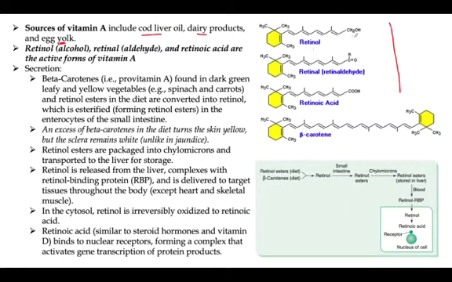There is a form which has a terminal alcohol group, which is called retinol. There is a form that has a terminal aldehyde group, which is called retinal. And there is a form that has a terminal carboxylic acid group, which is called retinoic acid.